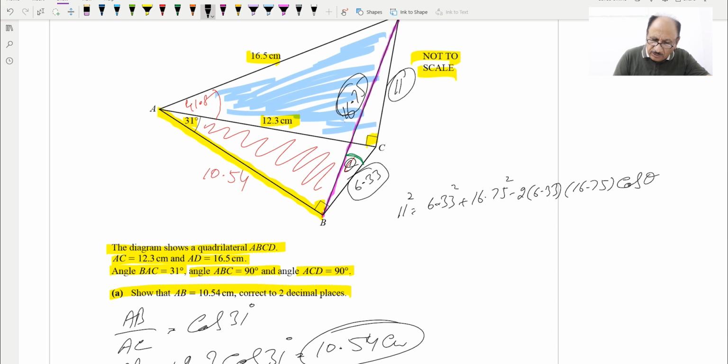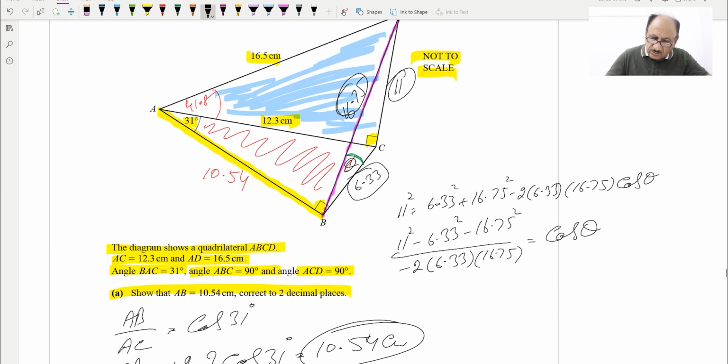So we will calculate the theta value. I'm shifting this to the other side, so it will be 11 square minus 6.33 square minus 16.75 square, and this portion I'll shift to the other side, where it goes as the denominator. So it will be minus 2 into 6.33 into 16.75, and this is equal to cos of theta.